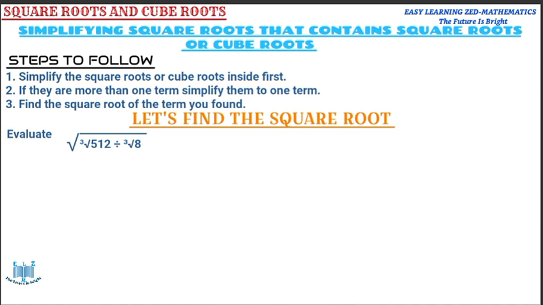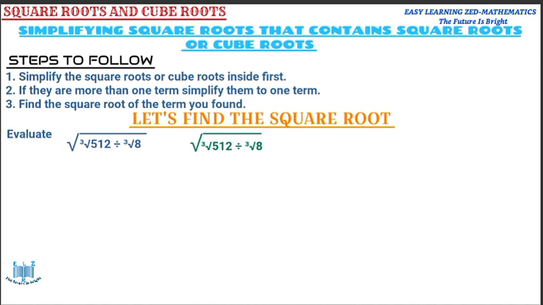So I'm going to rewrite this question here. Once I've done that, the first thing I'm going to do is follow the first step, where I'm told to simplify the square roots or cube roots inside first. I have cube roots inside the square root, which means I'm going to deal with those first. First I'm going to find the cube root of 512. Which number can we multiply by itself 3 times to get 512?